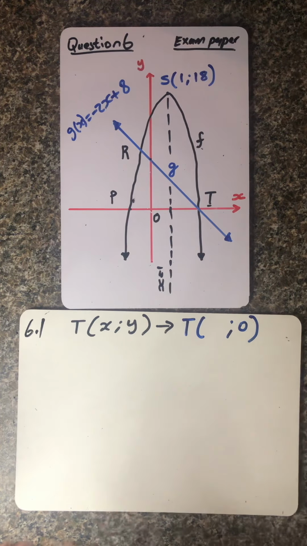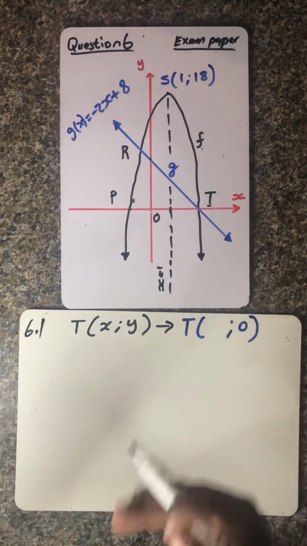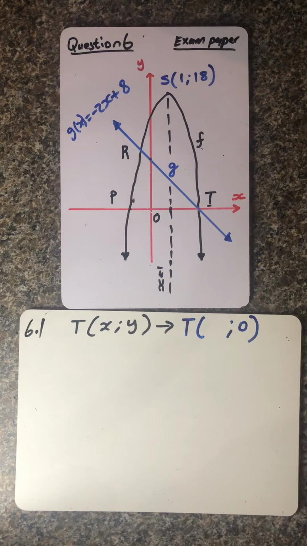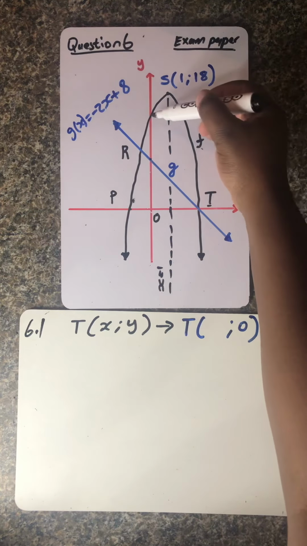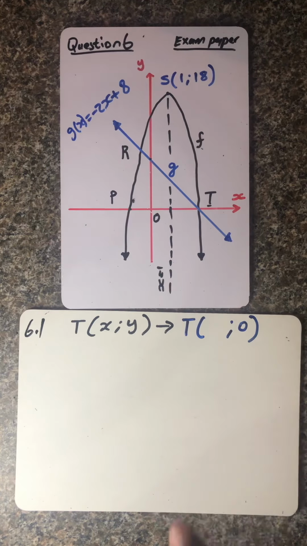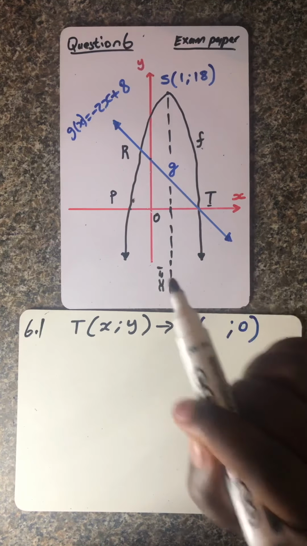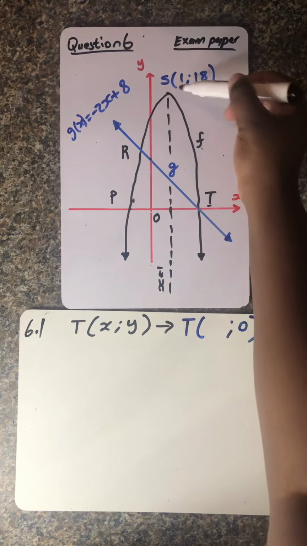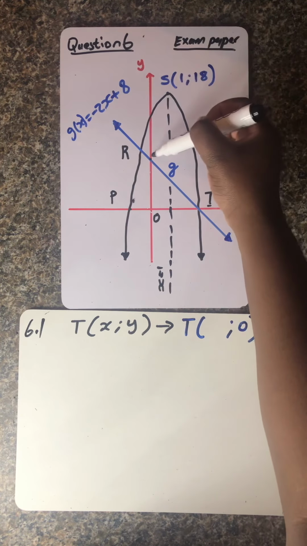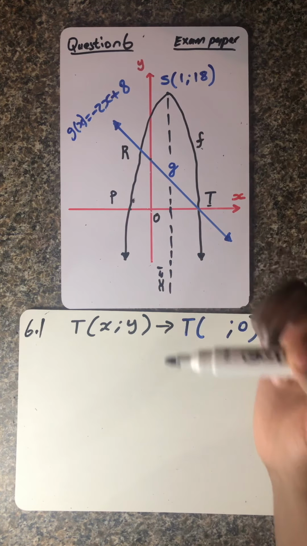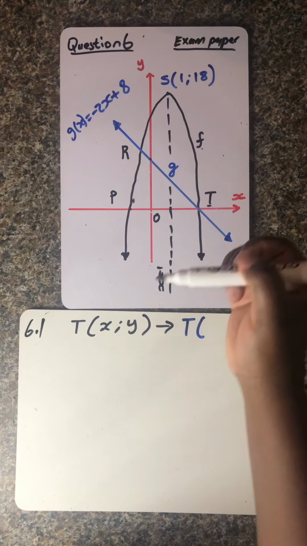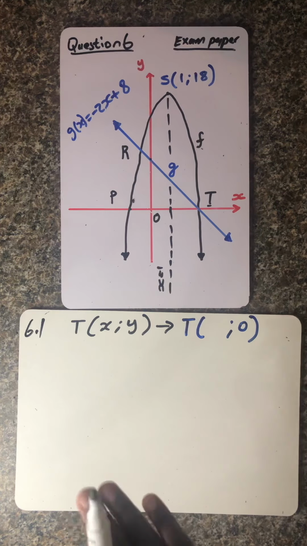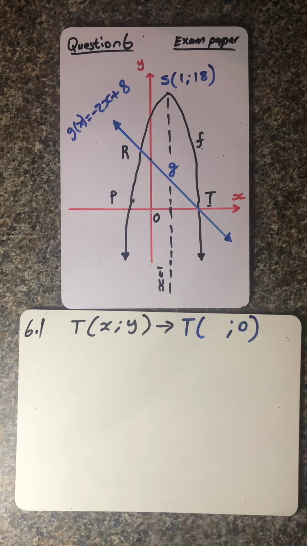This is just for additional information, in case you had a similar question and they wanted you to calculate the y-intercept of the graph of f. That means when you do your calculations, you must get a positive number which is between 8 and 18. So in case you do your calculations and you get a negative number, please make sure that you tell yourself that you've made a mistake and you will try to rectify that mistake.